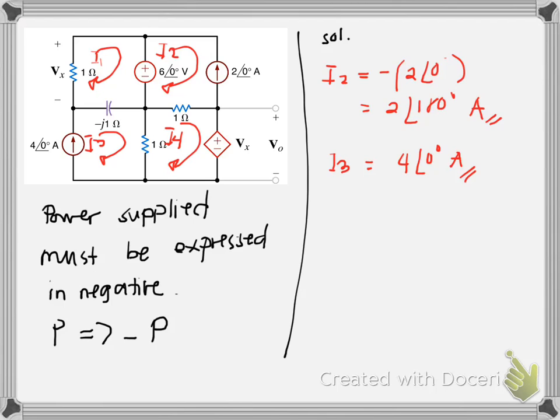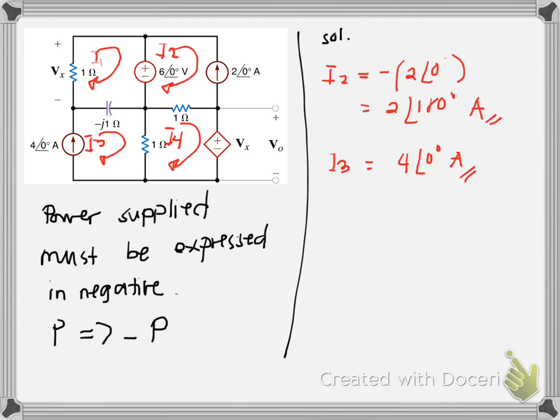So again, if the problem doesn't specify a complex power, then therefore there's no need to determine the RMS values of the voltage and current.